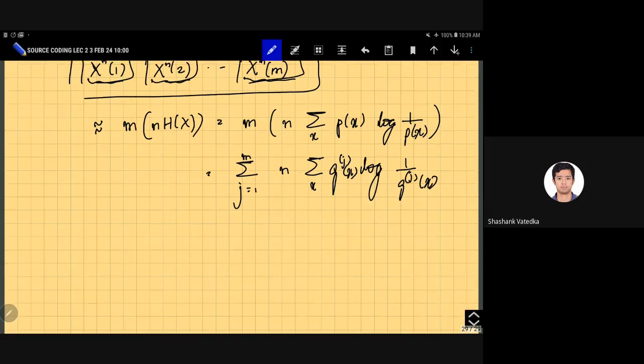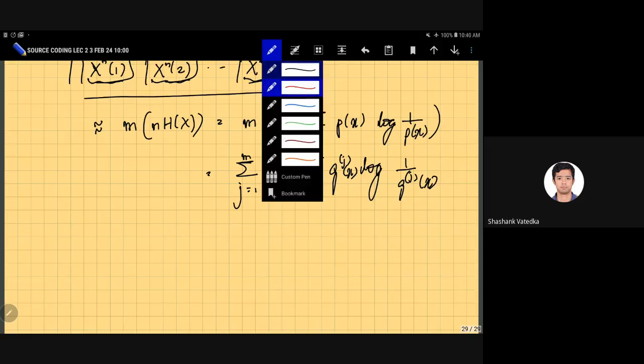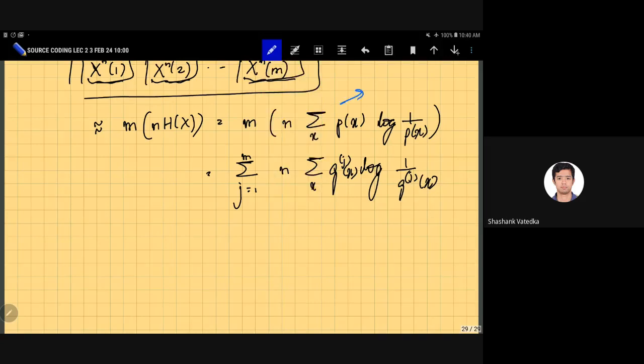Do you agree? So this is what you get if you encode all the files jointly, and this is what you get if you encode the files separately.